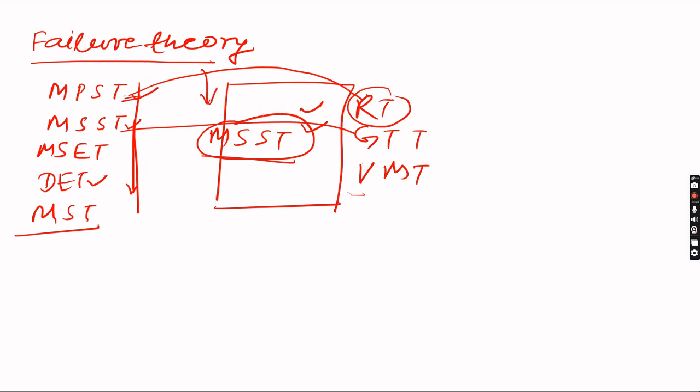One or two marks they can ask, because in previous years these types of questions have appeared. So be updated with that also. It's just a name, whatever it is here, the same thing: von Mises theory, Rankine theory, all these things.